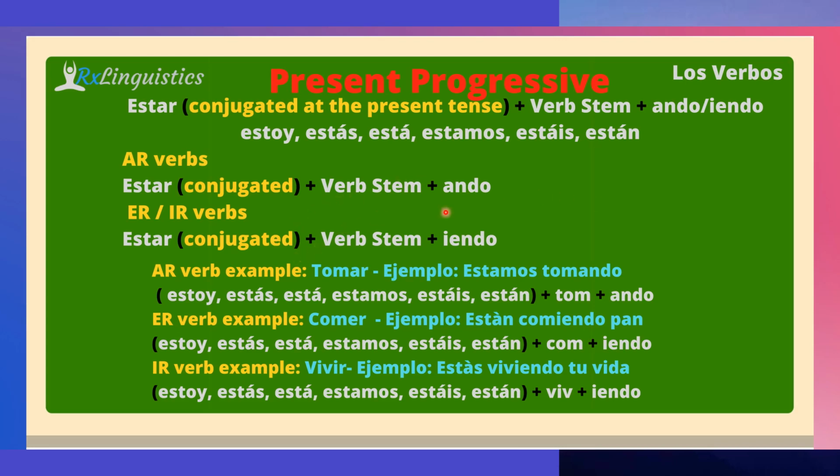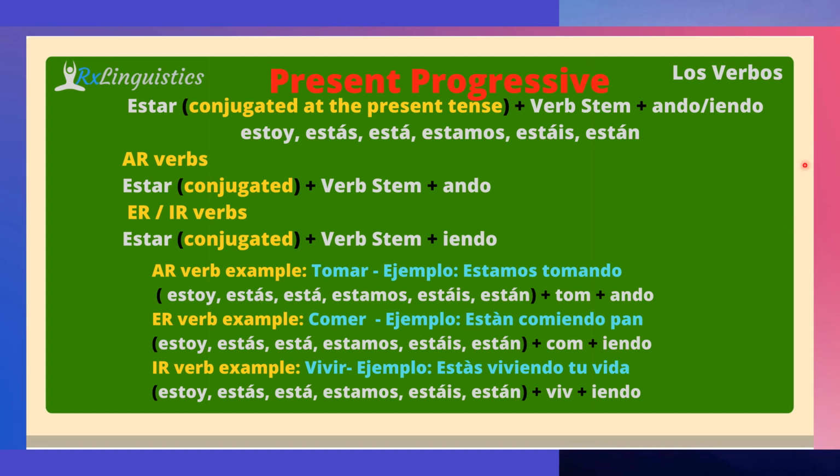If the verb is not AR and it ends in ER or IR, the participle is different. I mean, we're talking about present participle here. So the present participle is different. It's ando for AR verbs and yendo for ER and IR verbs. So we have some examples here.